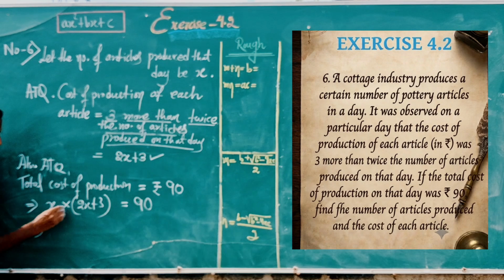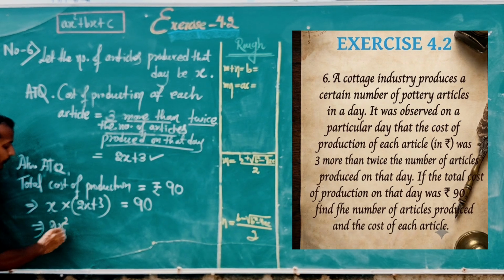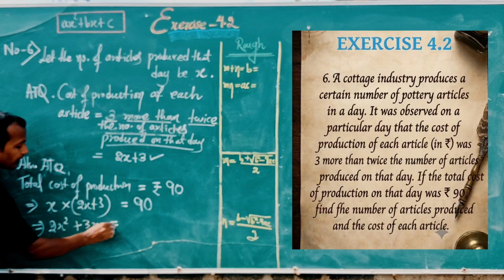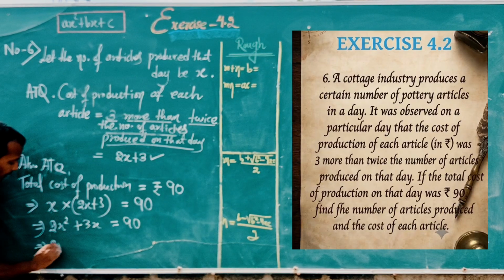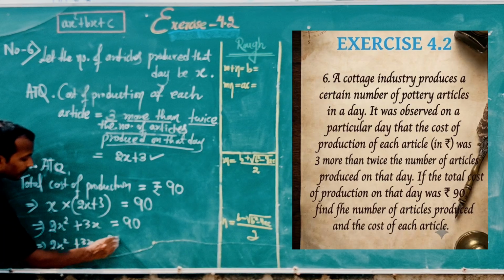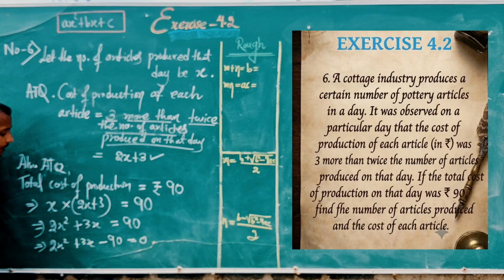Correct? Now we have x into 2x plus 3. Let's multiply them. x into 2x gives 2x square, x into 3 gives you 3x, and on the right side I have 90. We will have 2x square plus 3x. 90 comes to the left side, it becomes minus 90. On the right side I have 0 now.